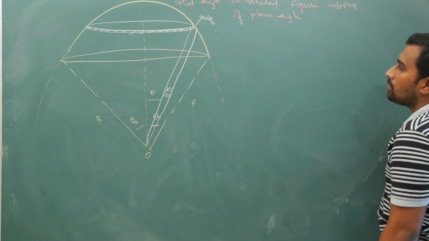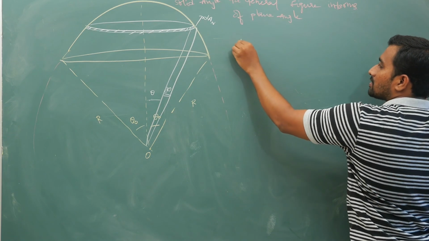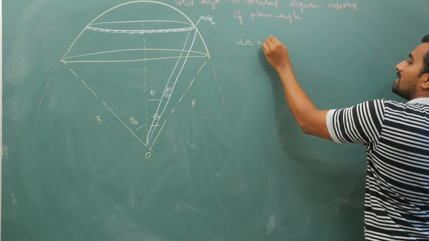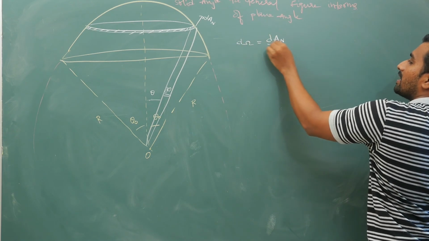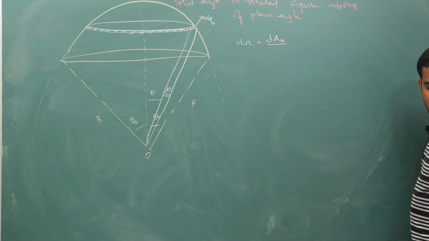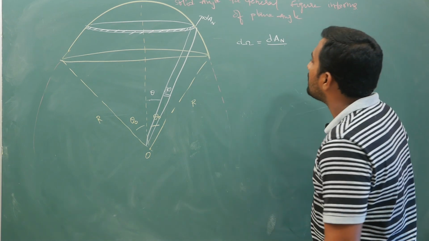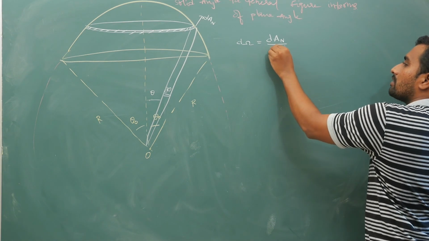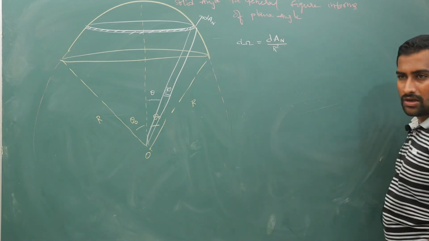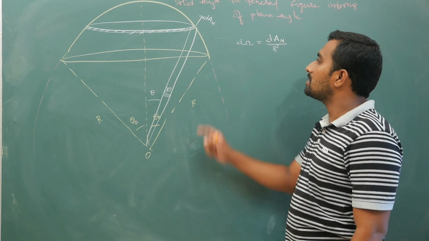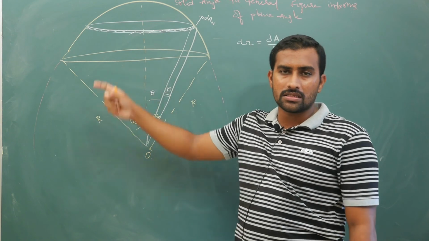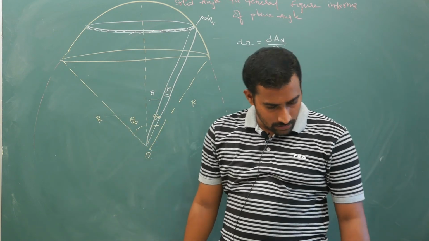So your small solid angle d psi is small normal area dA by r square, because any point that you take on this strip is at a distance of r.